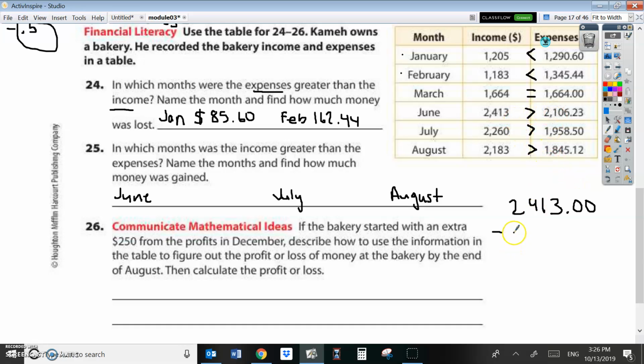Borrow from that, put a 2 there, put a 10 there, make that a 9, make that a 10, and get 7, 7, borrow from there, make that a 12, so 306.77. Sorry, not February, June.